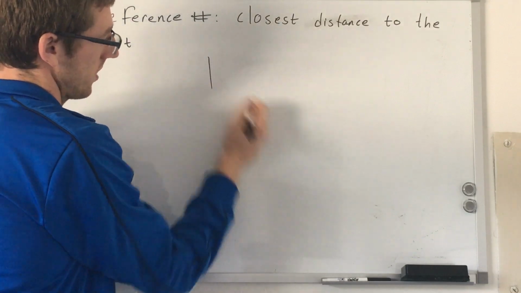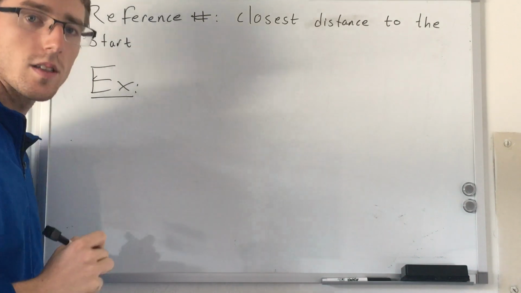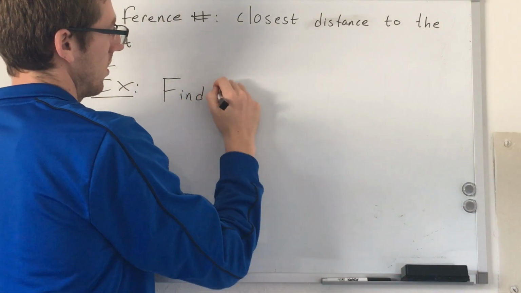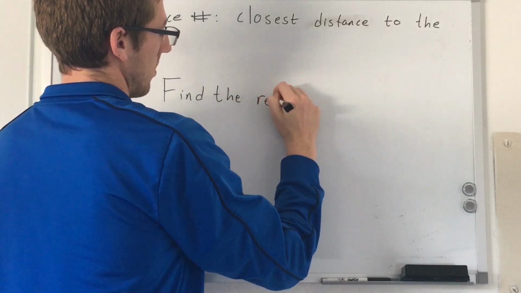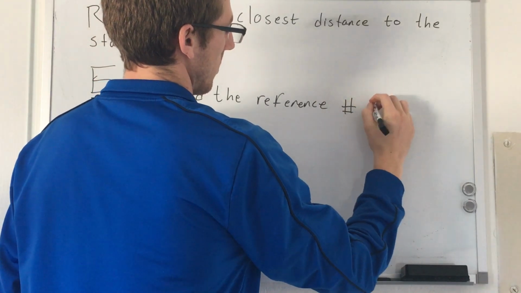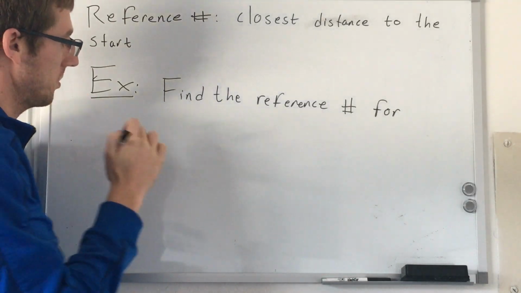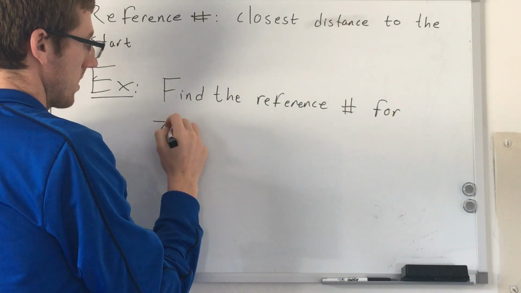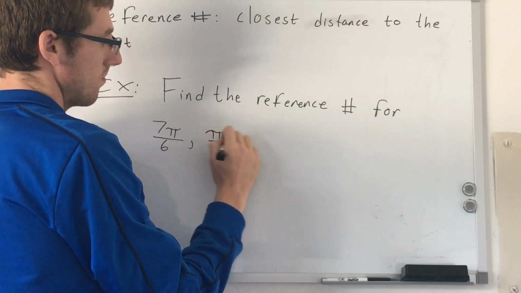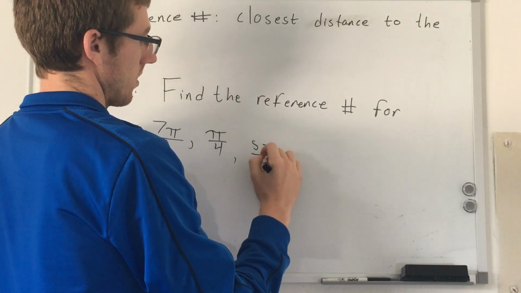So I guess we'll just do an example. If I said find the reference number for, we'll do a couple of them, we'll do 7π over 6, π over 4, 5π over 6.